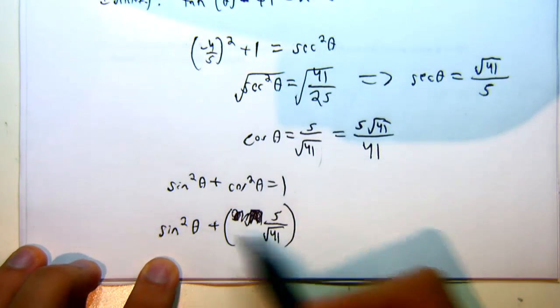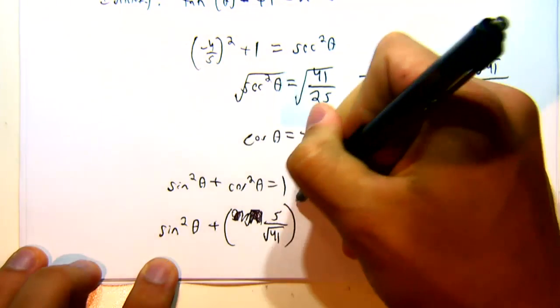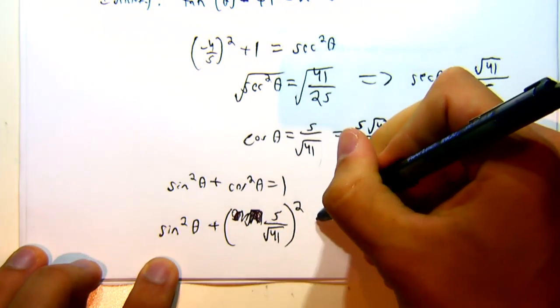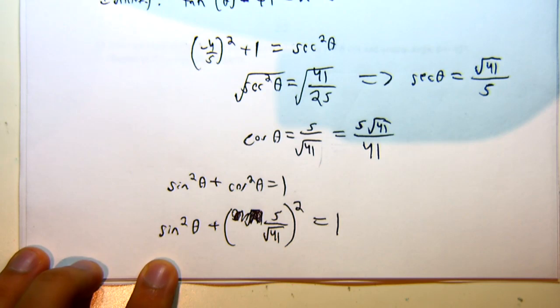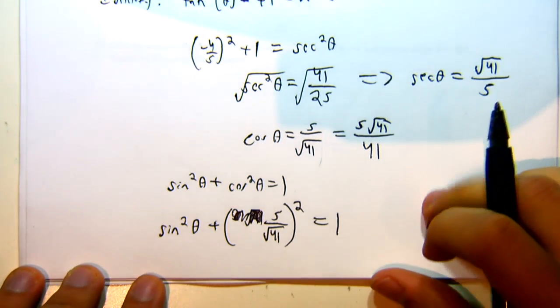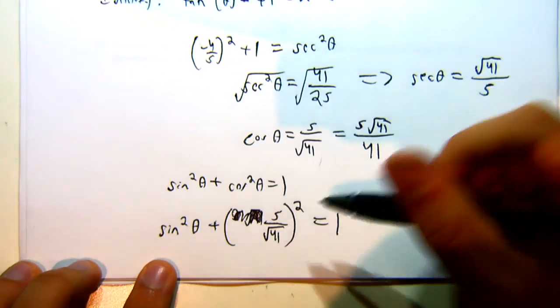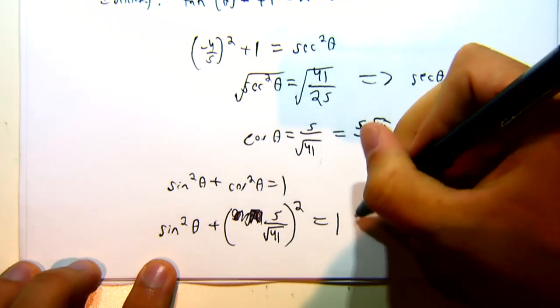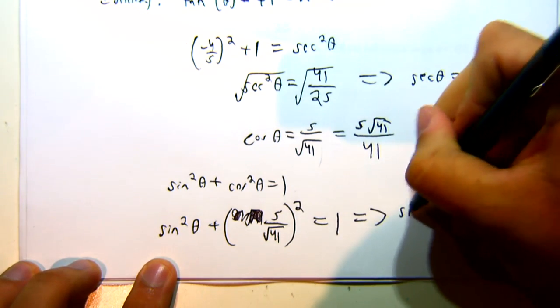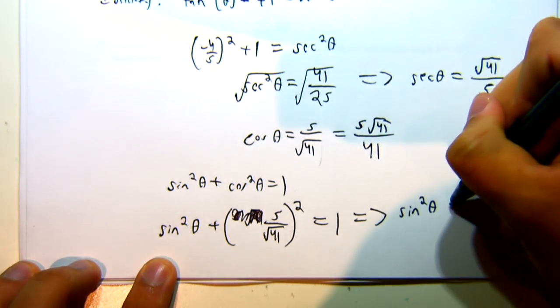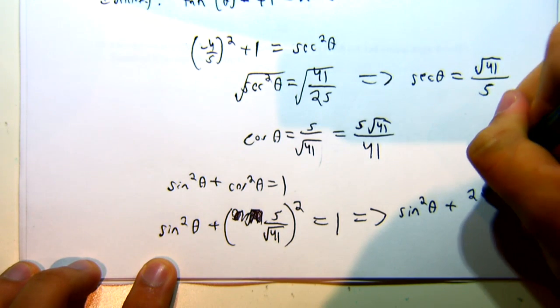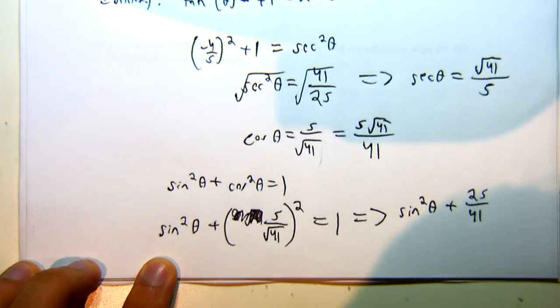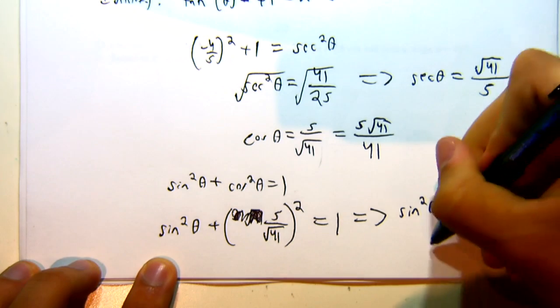So sine squared theta plus 5 over square root of 41 squared, and we know that's going to be equal to 1. So once we square this, we get sine squared theta plus 25 over 41 is equal to 1. Subtract that.